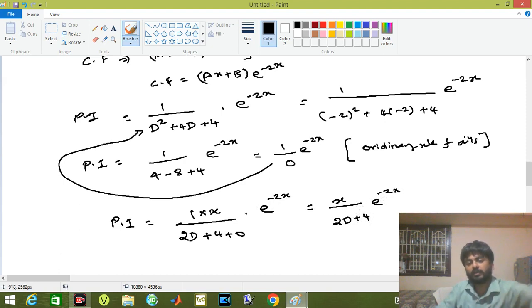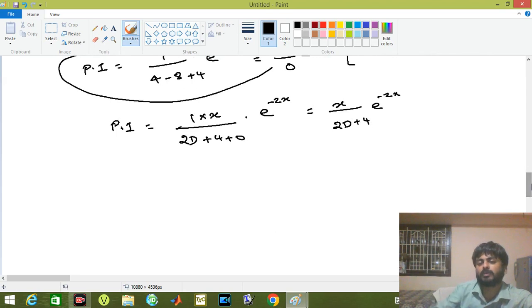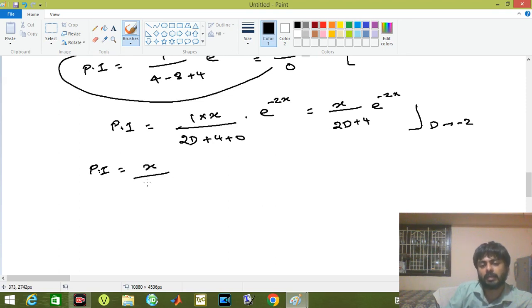Where this D will be replaced by minus 2. So you will get PI equal to x divided by (2 into minus 2 is minus 4, plus 4) into e power minus 2x.